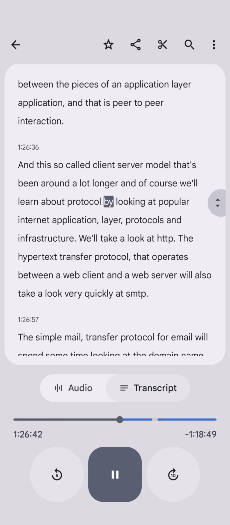And of course, we'll learn about protocols by looking at popular internet application layer protocols and infrastructure. We'll take a look at HTTP, the Hypertext Transfer Protocol, that operates between a web client and a web server. We'll also take a very quick look at SMTP, the Simple Mail Transfer Protocol for email.